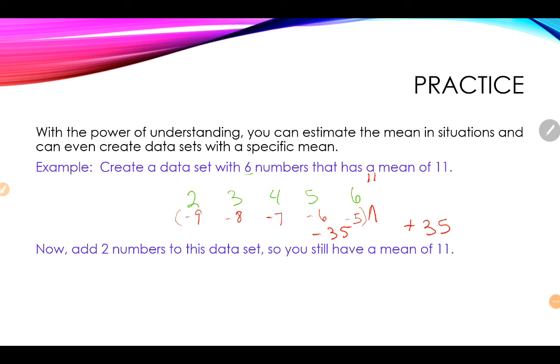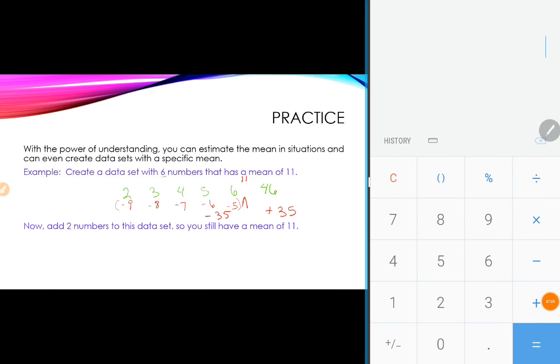And if I add up these numbers and divide by the n of 6, I will surely get 11. So adding 2 plus 3 plus 4 plus 5 plus 6 plus 46 gives me 66.